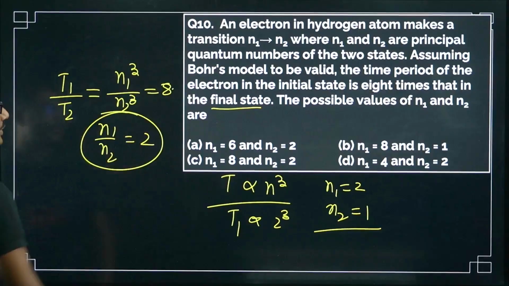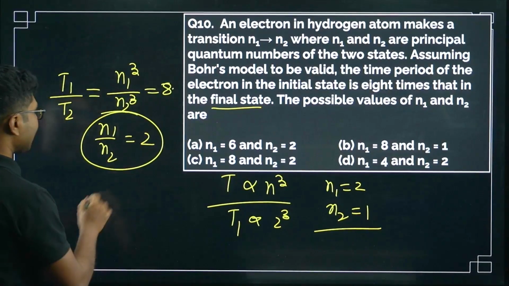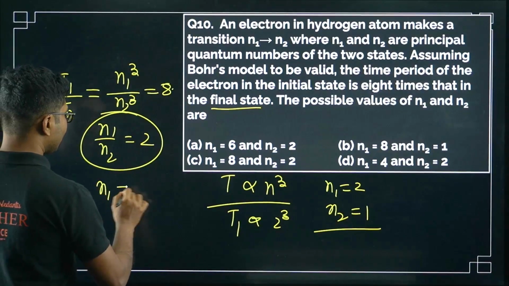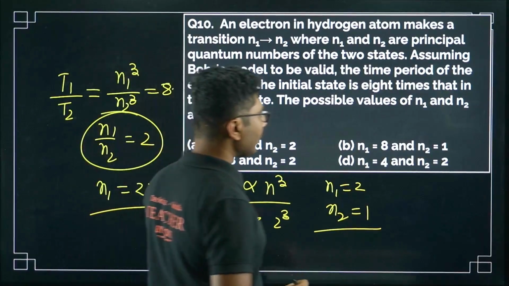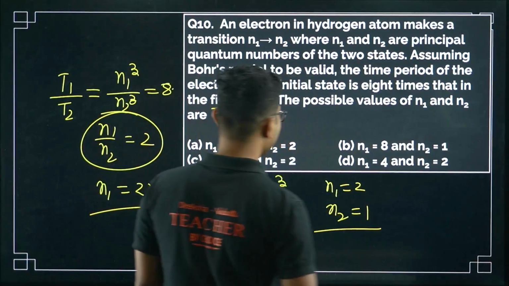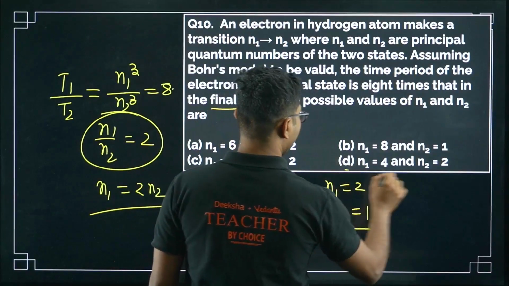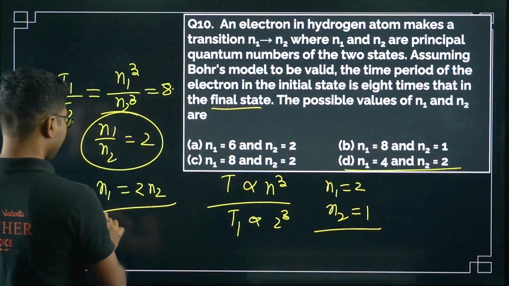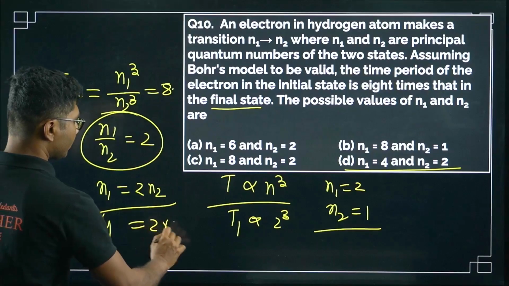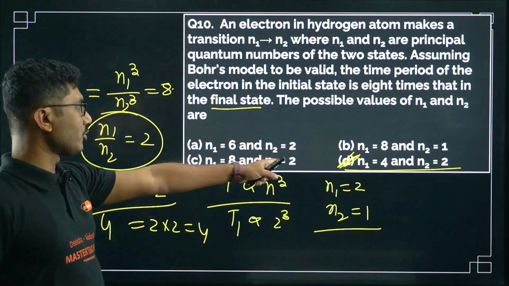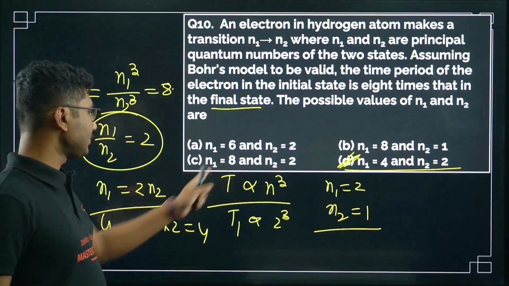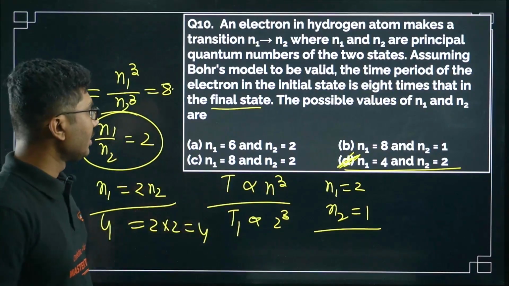We have to see which combinations give this, that is n1 equals 2 n2. In this case it is possible: n1 is 4 and 2 into 2 is also 4. So this is another possible case. This one is not possible. It is giving 4 times, but it should be only 2 times.